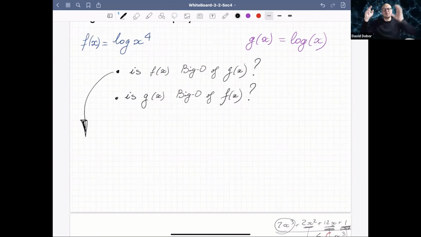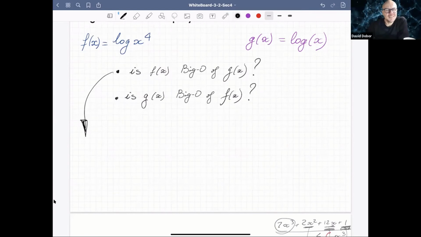So again, I'm thinking f of x is big O of g of x if I can stuff f of x underneath g of x, if I can make f of x smaller. In this case, can we use the identity from logarithms? Of course, you can use anything that you know.